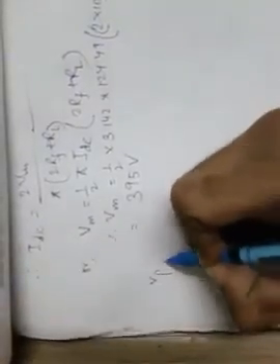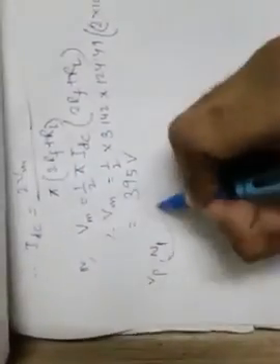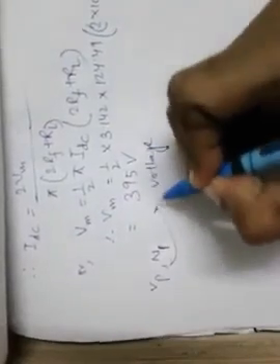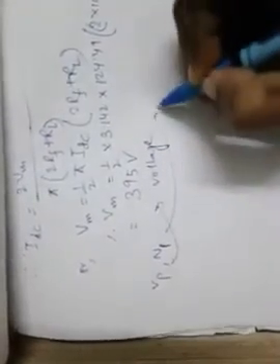Now let us consider Vp and Np. Likewise, in the last problem, the voltage and the number of turns, this is obviously the RMS voltage, and the number of turns at the primary side of the transformer.